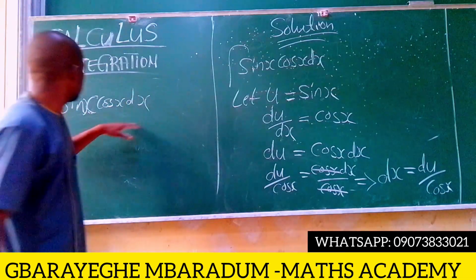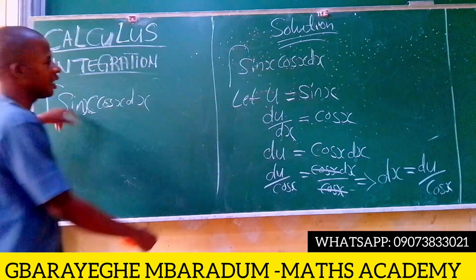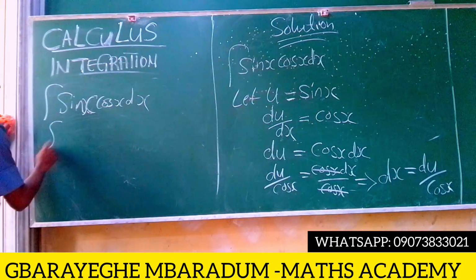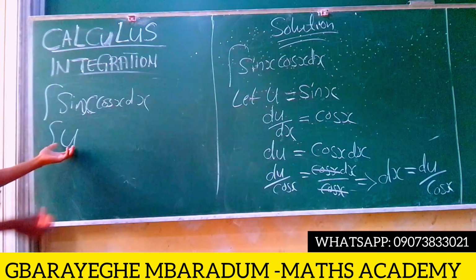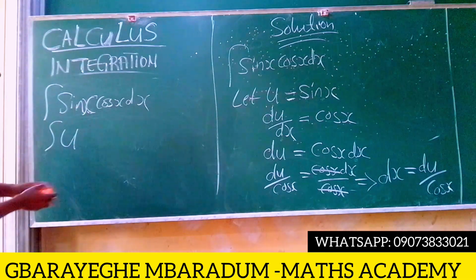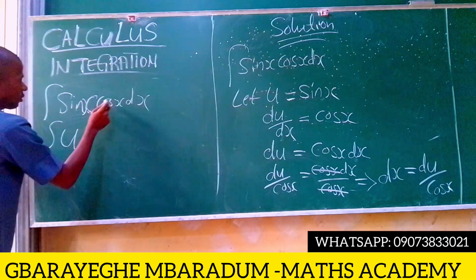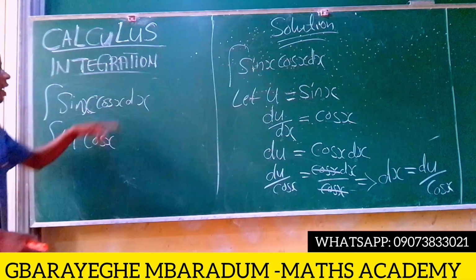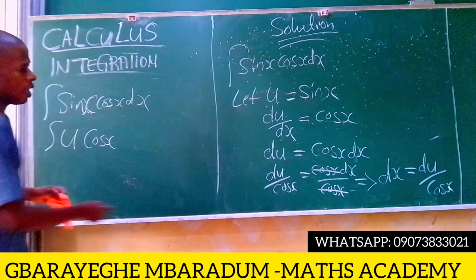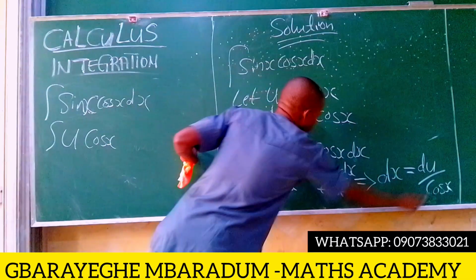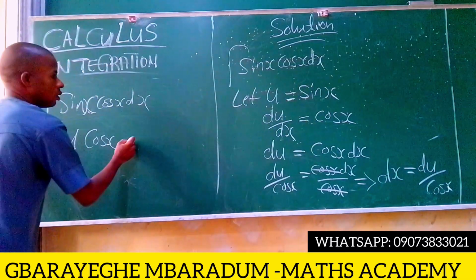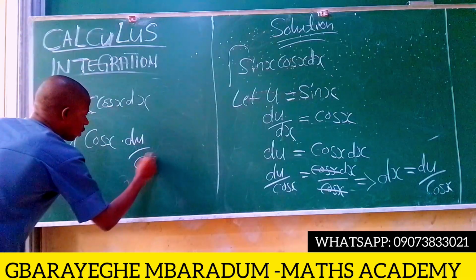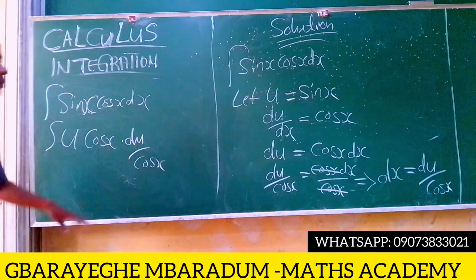But now, initially we said that let u be sin x. So this is going to become the integral of u, because u now represents our sin x, times cos x, our cos x is still there. And now our dx is du over cos x. I hope you are following.